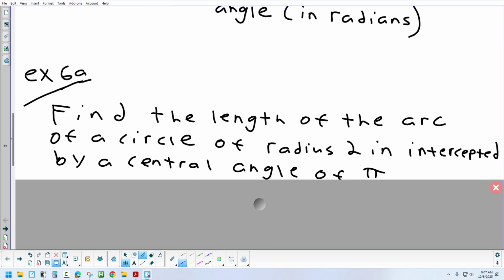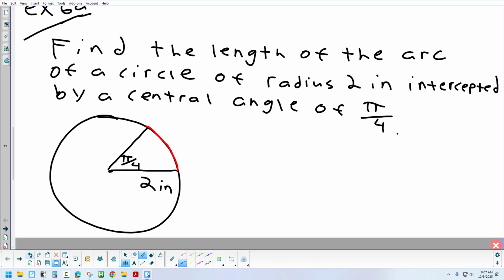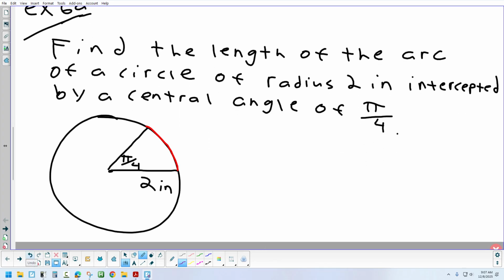All right. So let's find the length of the arc in a circle that has a radius of 2 inches, and the angle inside the circle is pi divided by 4. Now they've drawn a picture and they've given you a description in words. They don't have to do both.